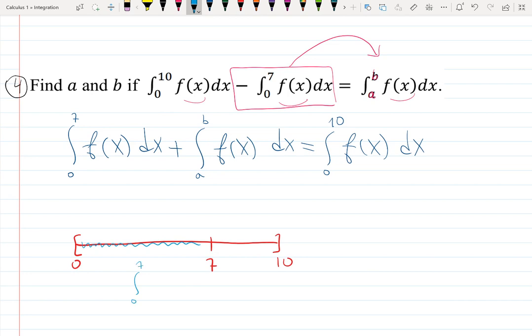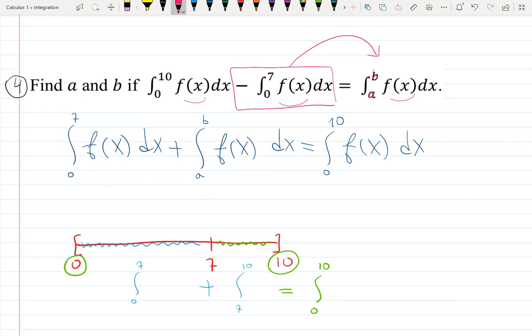From 0 to 7. Then I will be adding the integral from 7 to 10. That will be a different color. And that will give me the integral from, what do you think? 0 to 10. That's the gluing property. So 7 here is the intermediate breaking point. Well, this is exactly what is happening.